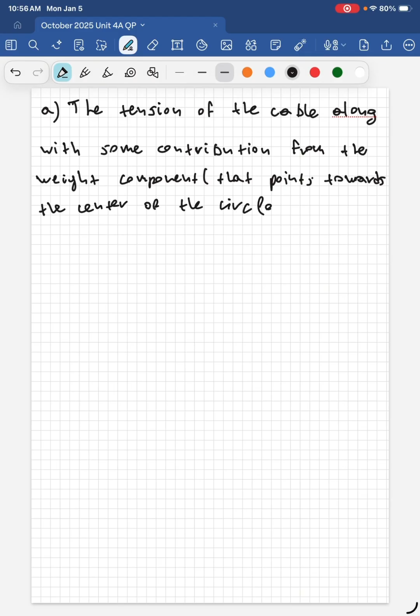Because if you take the hammer at some random point, the tension is going to point inwards, but the weight will point down. Therefore, you have to analyze it into a component that is along the radius, along the radial direction. So the tension of the cable along with some contribution from the weight component provide the centripetal force. That's why it undergoes circular motion.